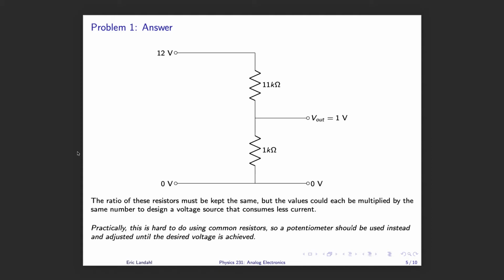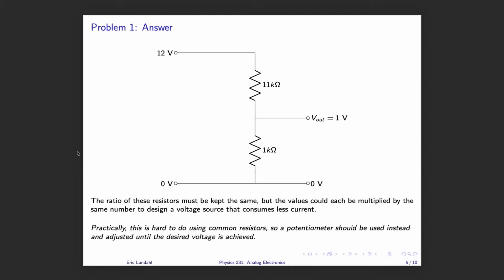So if you can't find an 11K resistor, you're in trouble. You could, of course, use a 10 and a 1K together to make one in series, but you still have a little bit of a problem, which is the accuracy of those resistors, which is typically 5% these days, maybe even as bad as 10%.